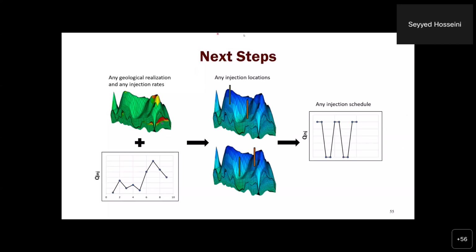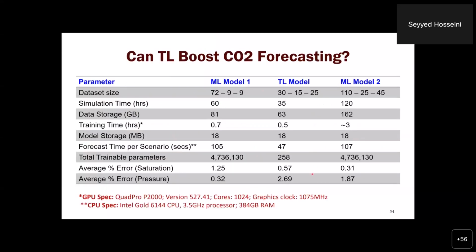On slide 54, when you are doing the comparison as far as the amount of data used and also training time, in reality, based on what you presented, for the transfer learning model, you already have to rely on what you have got from the ML model 1. So isn't it that the training time, for example, has to be 0.7 hours plus the 0.5 hours that you spend on that one?